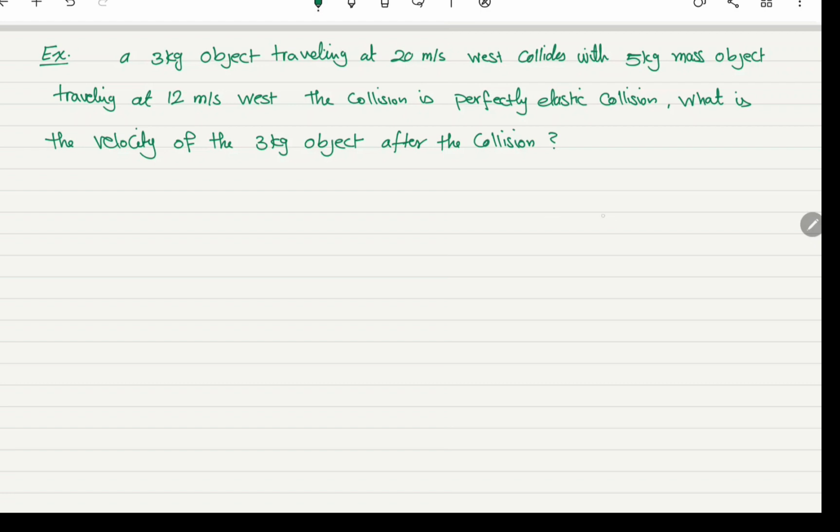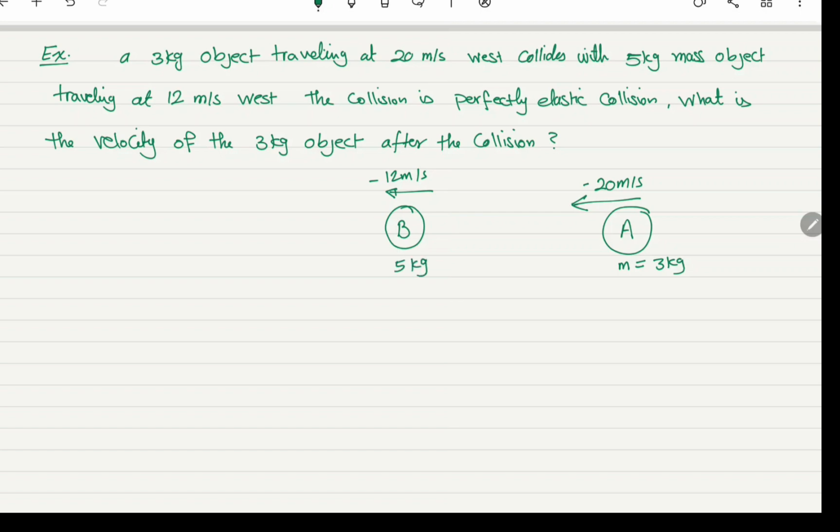So let's have object A and object B. Object A is moving to the west with velocity 20 meters per second, so it has to be negative. And object B is moving to the west with 12 meters per second, again negative. The mass of A is 3 kilograms, and the mass of B is 5 kilograms.